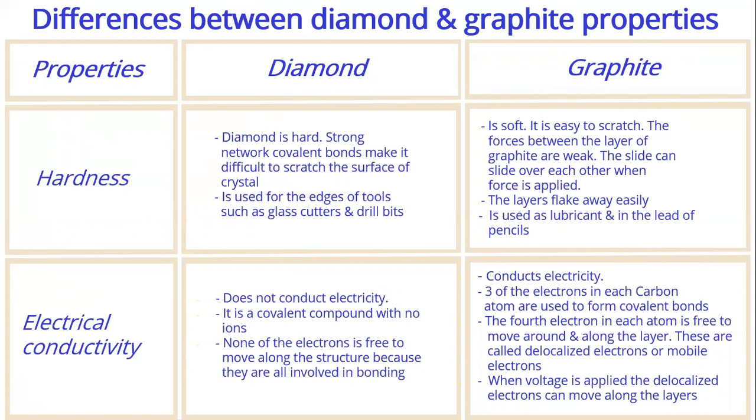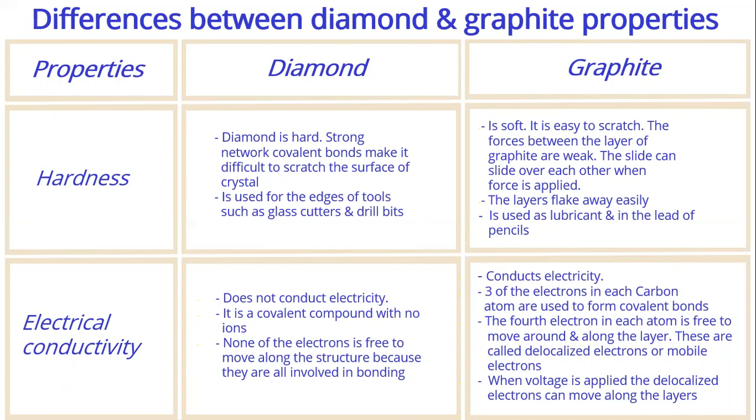Diamond is used for the edge of tools such as glass cutters and drill bits. In terms of electrical conductivity, diamond does not conduct electricity. It is a covalent compound with no ions. None of the electrons are free to move along the structure because they are all involved in bonding.